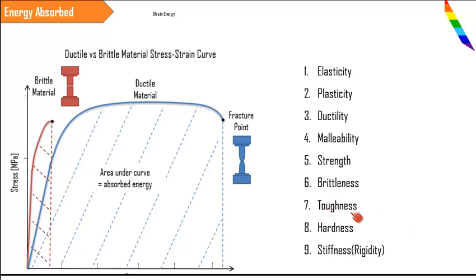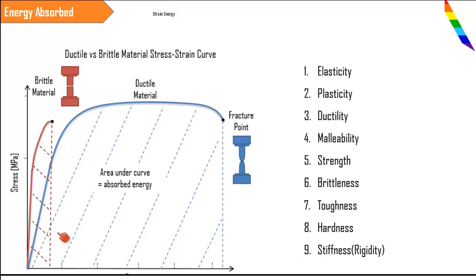And toughness is the amount of energy absorbed under the stress strain curve. We have already said that this energy is called the strain energy. So the same strain energy is nothing but the toughness. If it is highly tough, that means the ability of a material to absorb energy, that is called toughness. Also, this energy is split into two.